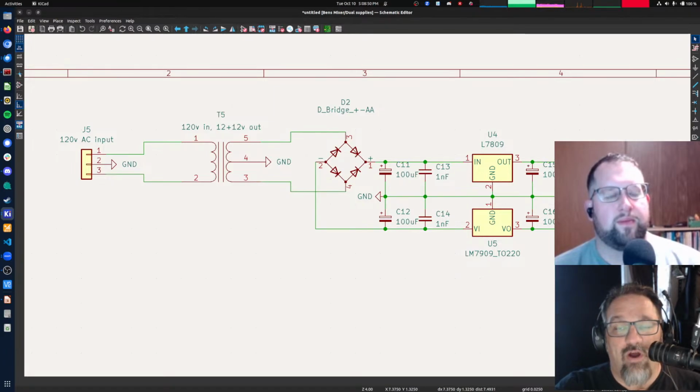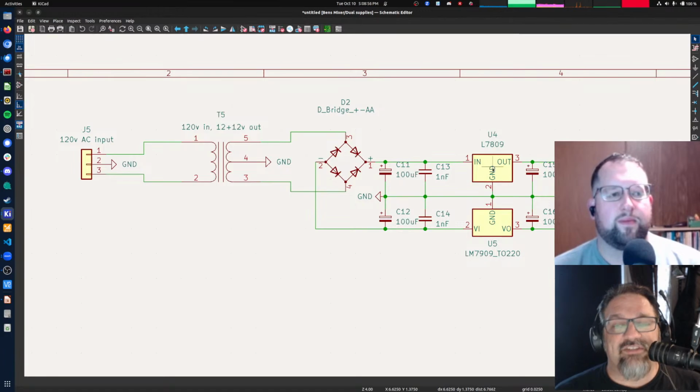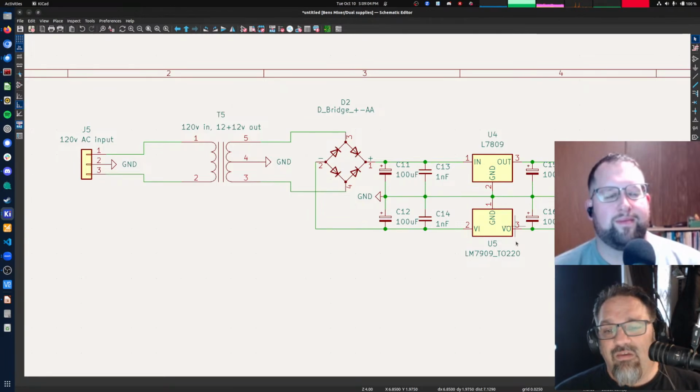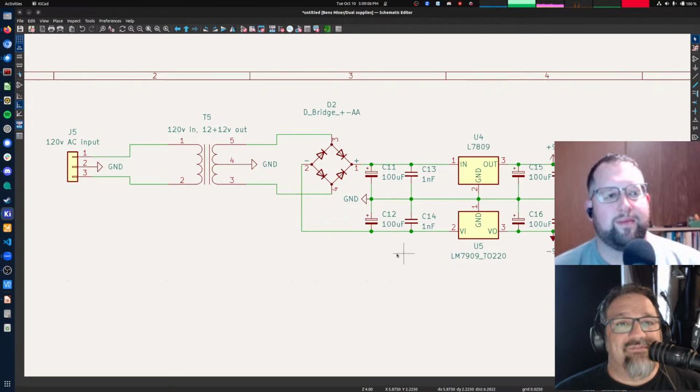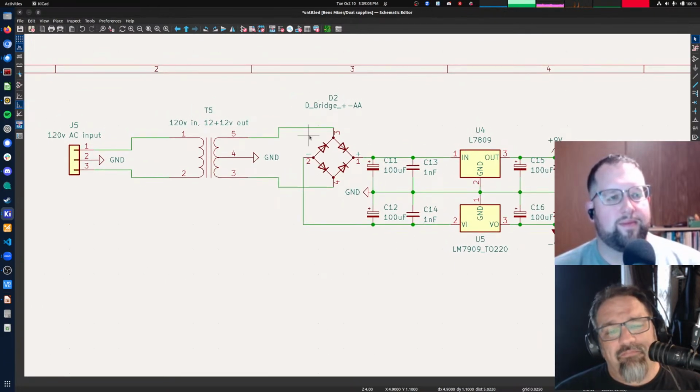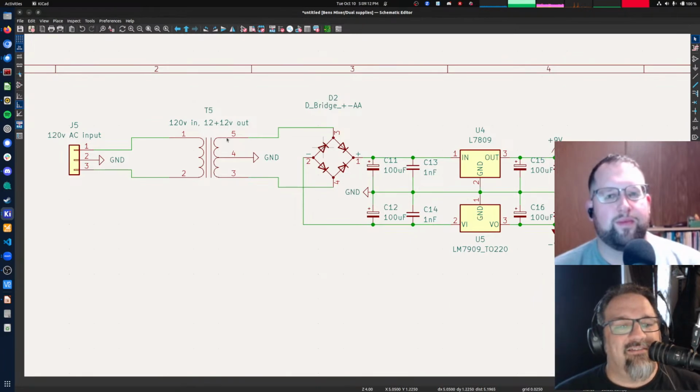And if you're drawing 1 amp through this, 8 volts at 1 amp is 8 watts. So this component will have to dissipate 8 watts of heat. So as long as you're not drawing too much current here, it won't have to dissipate too much. It'll be fine. Yeah, so Jeff, you're probably right. It probably would work at 240 volts. I wouldn't recommend it. Swap out this transformer and you'll be fine.